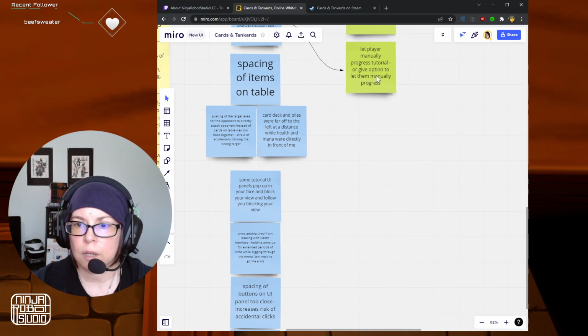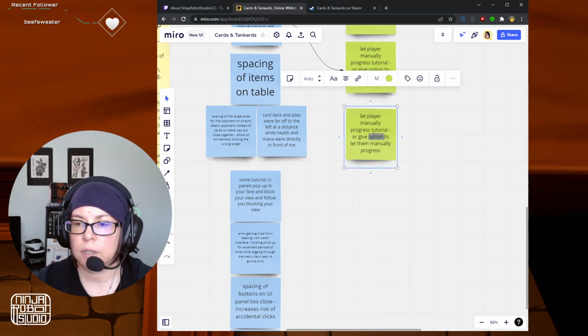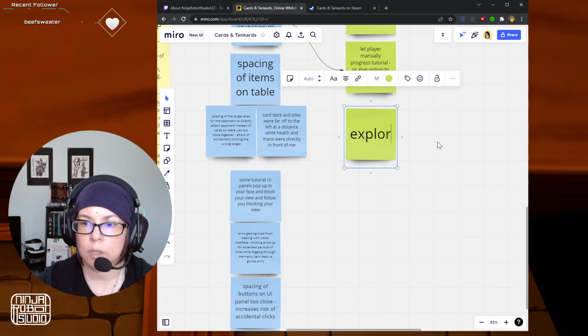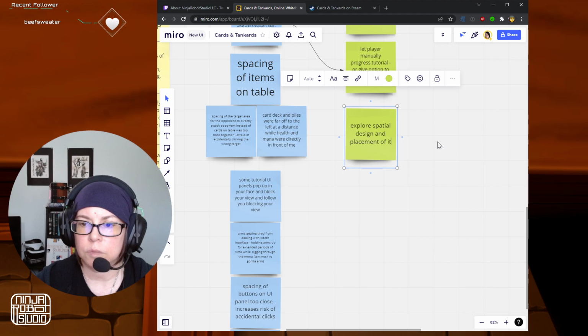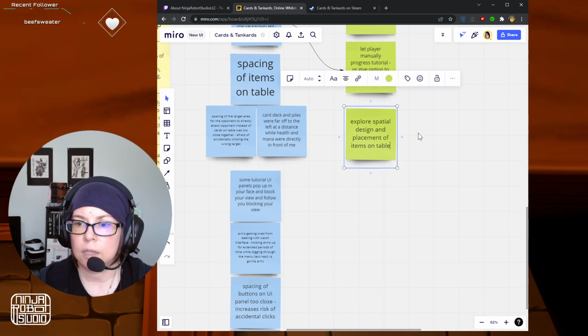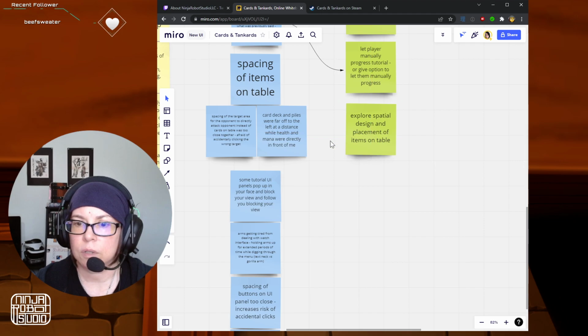Spacing of items on table: explore, instead of just solutioning it immediately, the spatial design and placement of items on the table. Get outside of that box that you're thinking in, and that goes for both of these.